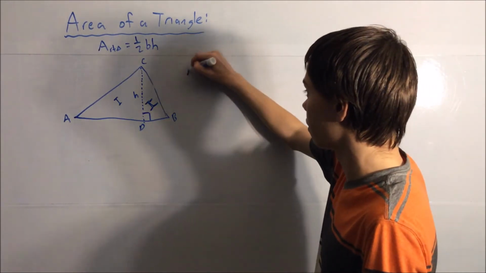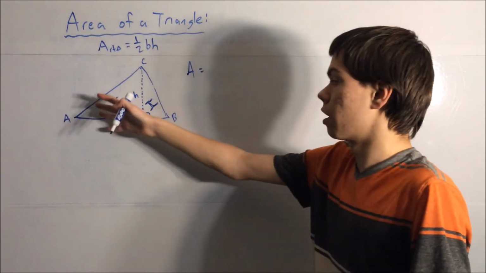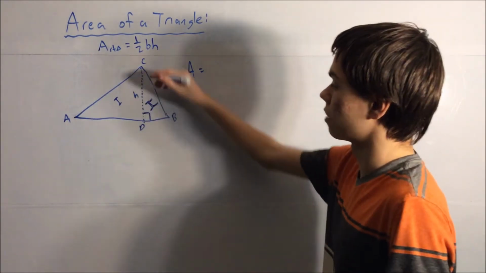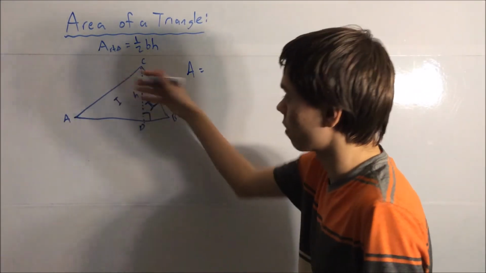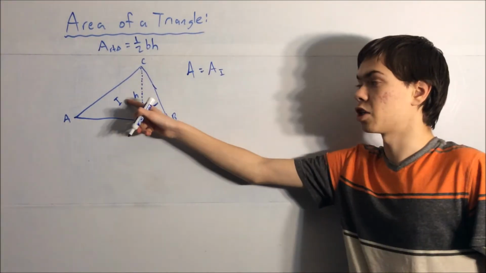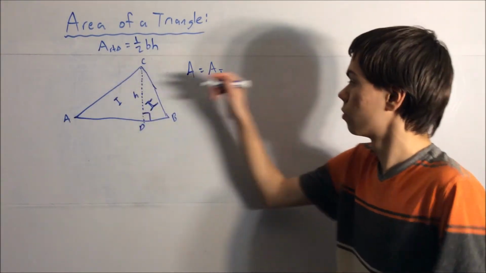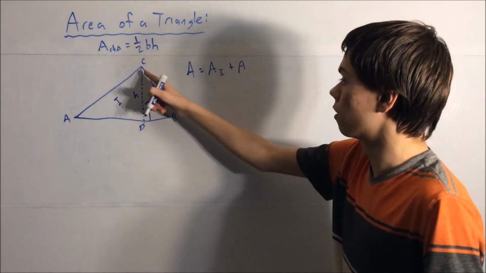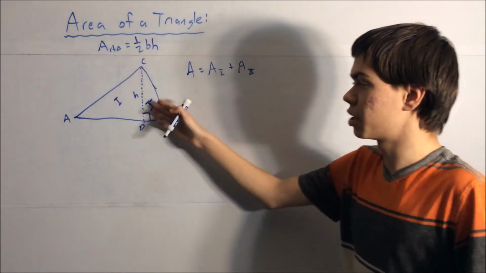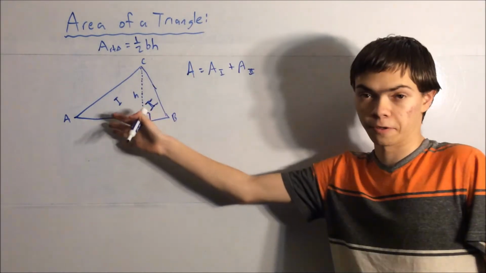So the area of triangle ABC, the total area of my triangle, is equal to the area of that right triangle plus the area of this right triangle. So I'm adding these 2 regions up to get the area of my triangle, right?